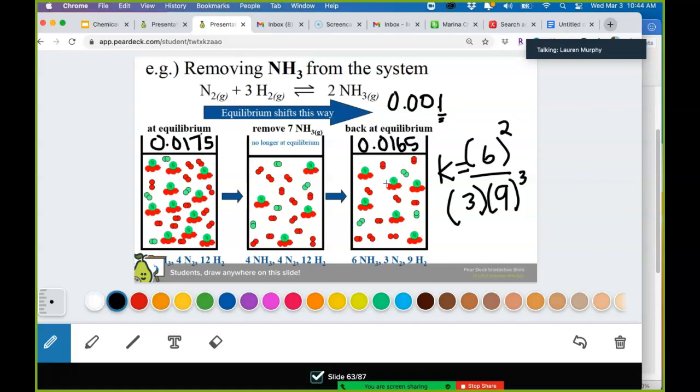Okay, I know they're not perfect, but basically equilibrium was reestablished by shifting back towards the product. So I did get some products back even though I initially removed them. And then my reactants had to drop down in order to allow me to get more products back.